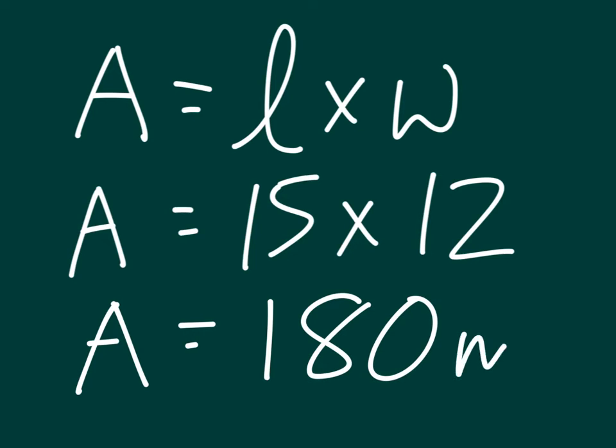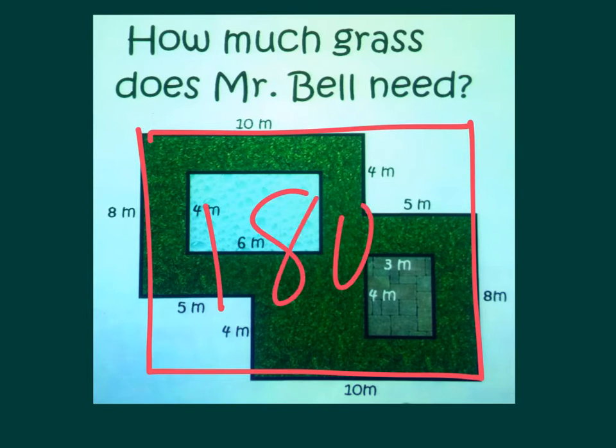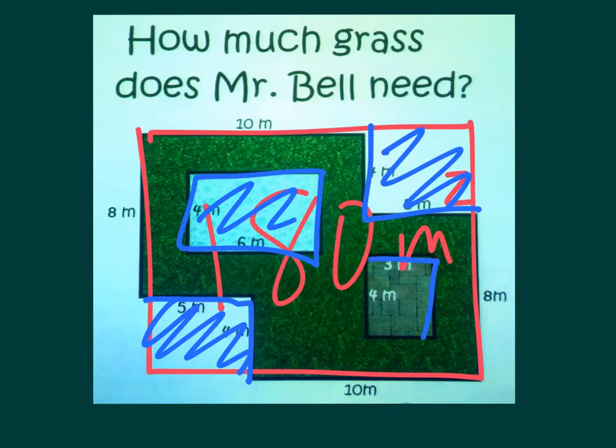And of course our units are meters squared. So the area of this entire big rectangle is 180 meters squared. But of course, not all of that space is grass. We need to take away this part, and this part, and the pool, and the patio.